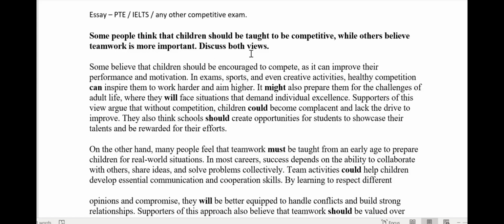Some believe that children should be encouraged to, should be. See the modal verb again, semi modal verb. Should be encouraged to compete as it can improve their performance and motivation. In exams, sports, and even creative activities, healthy competitions can, a possibility, inspire them to work harder and aim higher.